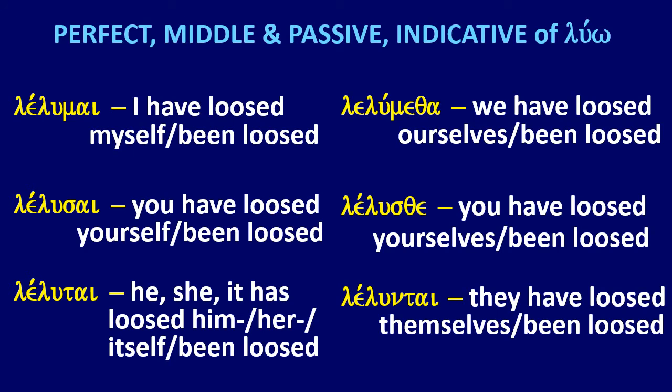Even though when you read it in Greek you'll understand that there's a self-interest involved there because it's middle voice in form. Passive voice would be I have been loosed. The action is done to me. And then the same pertains to the second person and the third person, singular and plural.